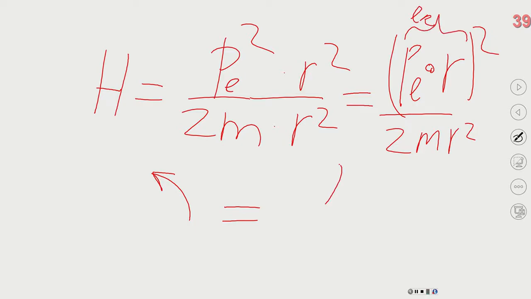So L sub z squared divided by 2 m r squared. So mass is constant. R is constant because we are dealing with rigid rotor. And L sub z is just derivative over angle. So we again come to a really simple operator.